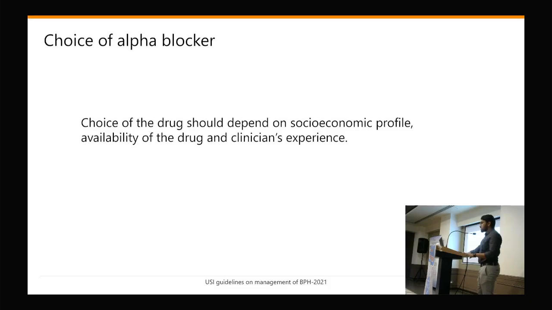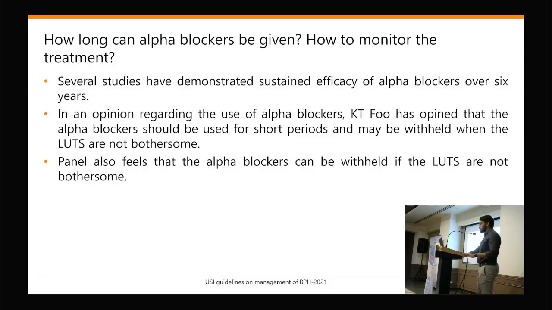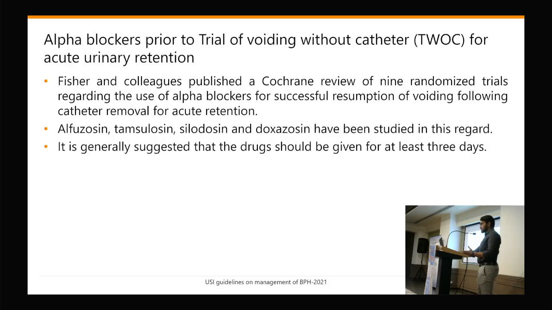Choice of alpha blocker depends upon the socioeconomic profile, the availability of the drugs, and the clinician's experience. How long can an alpha blocker be given? Some studies recommend that it should be withheld when the LUTS are not bothersome. Some also say that alpha blockers over 6 years have a sustained efficacy.